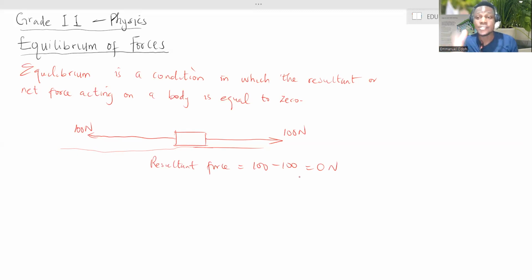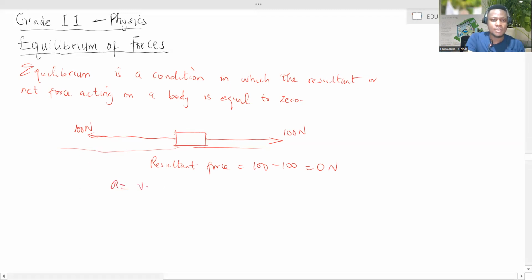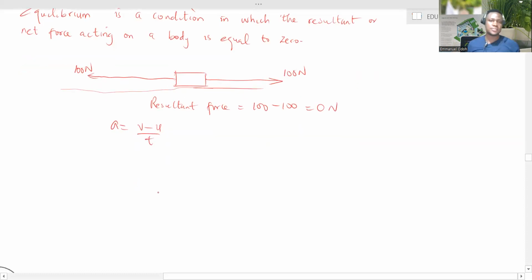And as a result of that, the box does not move because it has no acceleration. And when there's no acceleration, it means the velocity is constant. Why do I say so? Let's go back to the equation for calculating acceleration. We know that acceleration is the rate of change of velocity with respect to time. So when the velocity is constant, it means both the initial velocity and the final velocity are equal.